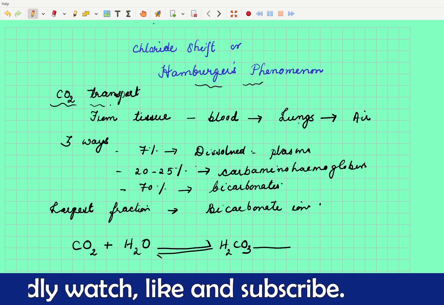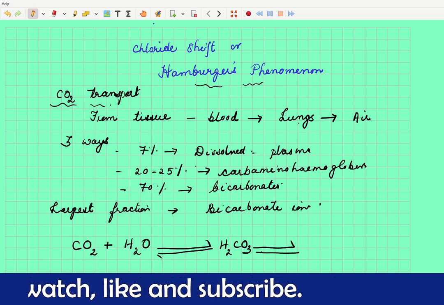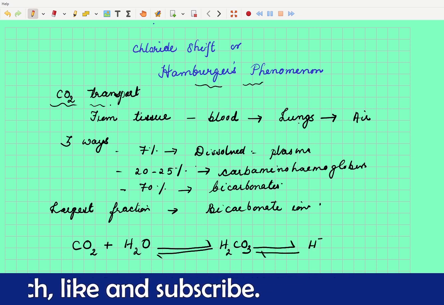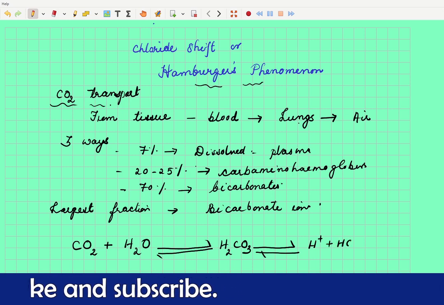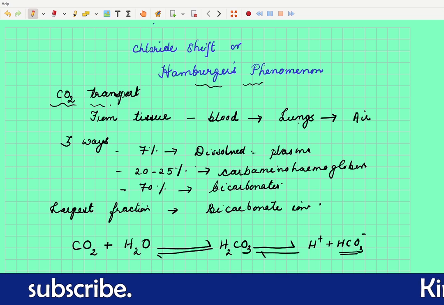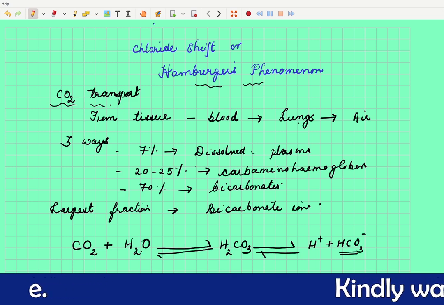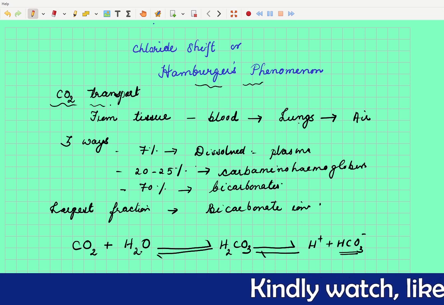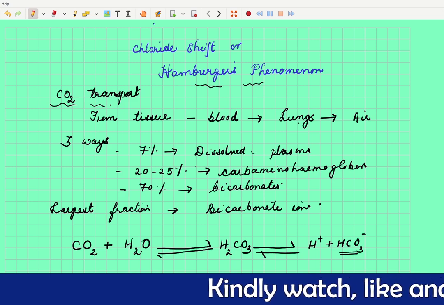It immediately splits or dissociates into H plus ions and HCO3 minus ions, that is, the bicarbonate ions. So carbon dioxide combines with the water present in the plasma and also in the erythrocytes. This reaction takes place both in the plasma and erythrocytes.